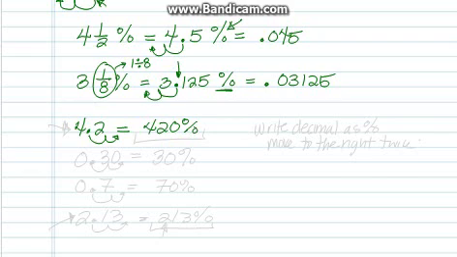Okay, so when you want to write percent as decimal, we're dividing by 100, which means we get smaller and move to the left. If we want to write a decimal as a percent, we move to the right 2 spots.